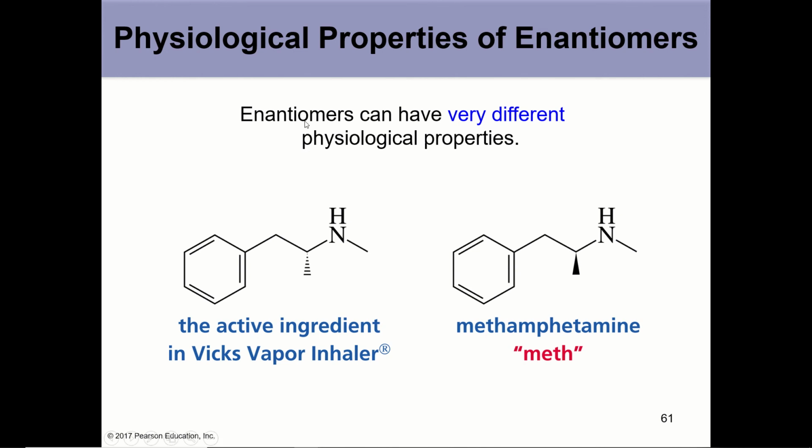Another example of enantiomers having very different physiological properties because of the lock and key mechanism of enzyme receptors would be the active ingredient in Vicks vapor inhaler, menthol, versus its enantiomer, methamphetamine. I think you can very much agree with me that menthol in Vicks vapor inhaler has a very different effect than the drug methamphetamine.